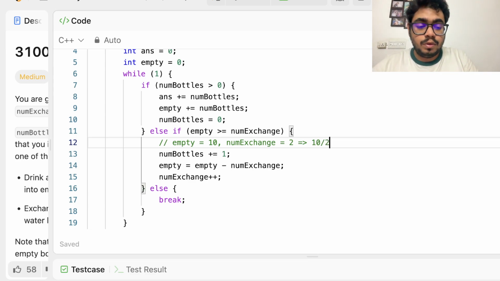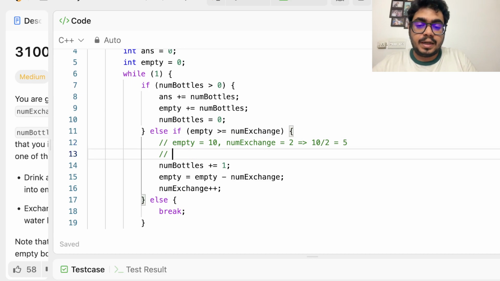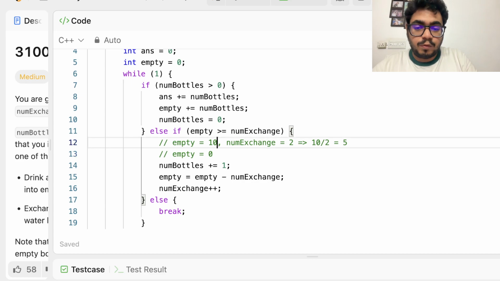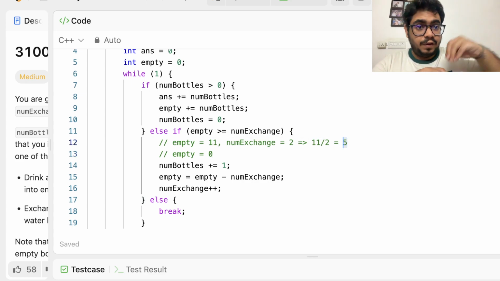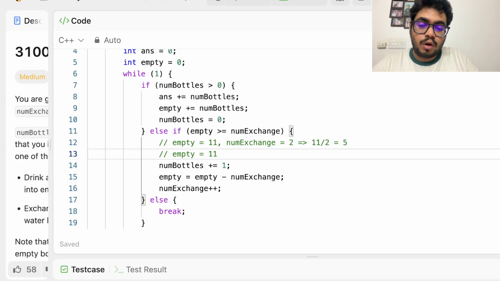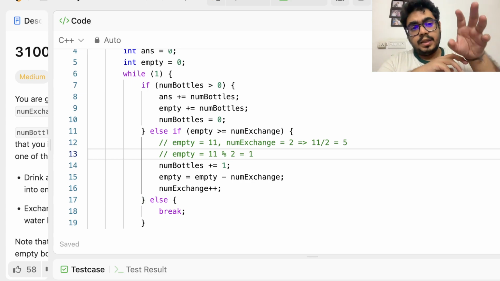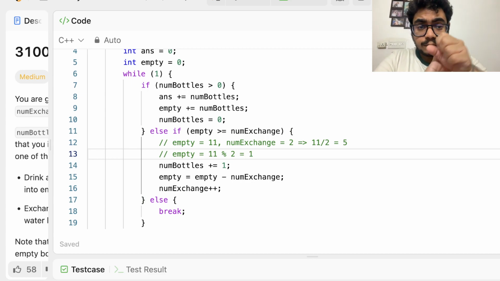So 10 by 2 equals 5. And they said that the leftover empty are the remainder, which is 0 as of now. But if it was 11, then also 11 by 2 is 5, so I can give 10 and get the 5 back, and I'll just have empty equal to 11 modulo 2, which is 1. This I had seen a lot of people do.